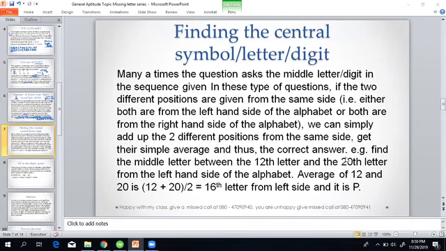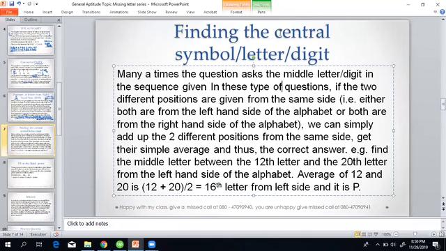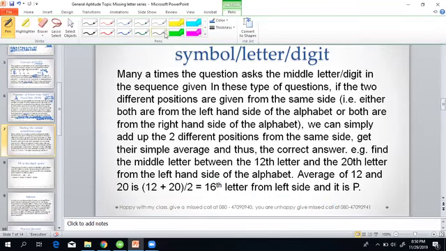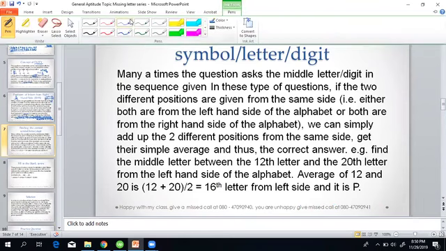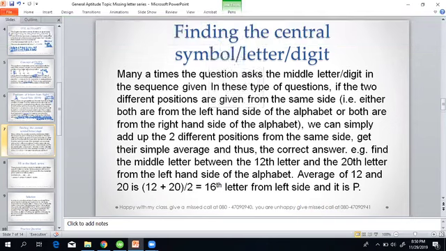Next is finding the central letter. Many times the question asks for the middle letter or digit in the sequence given. What we have to do: if two different positions are given from the same side, either both from the left hand side or both from the right hand side, then we can apply this.